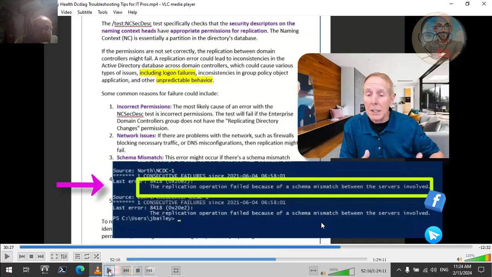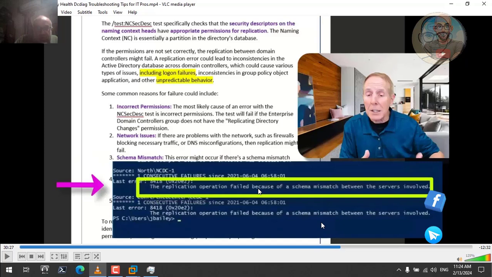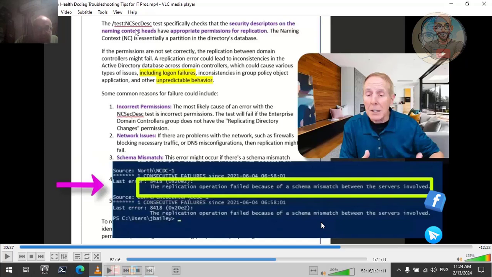Say for example, the replication failed because of a mismatch. This is the one provided by ChatGPT for all the schema mismatch. So this will lead to the failure of the NC-SEC desk test.